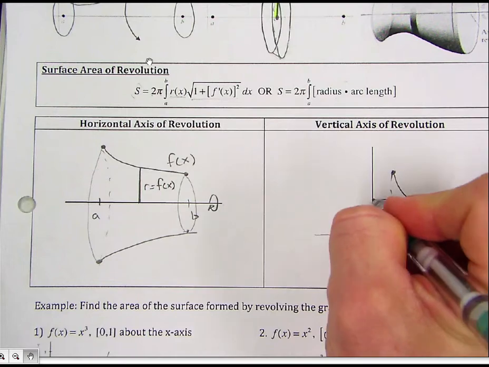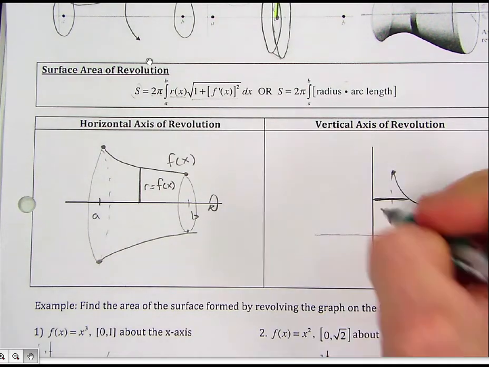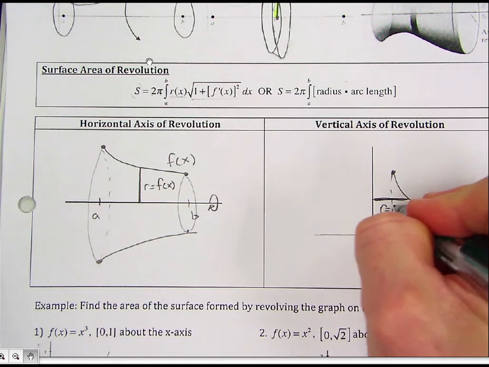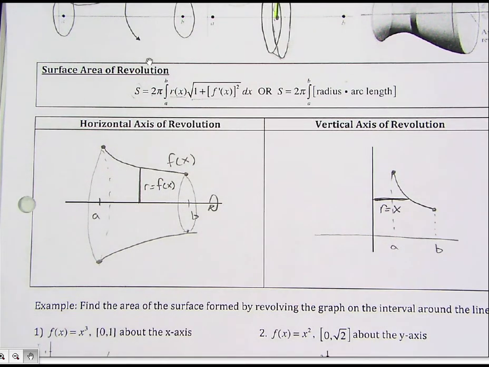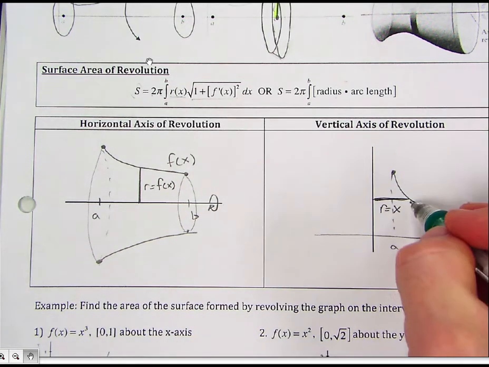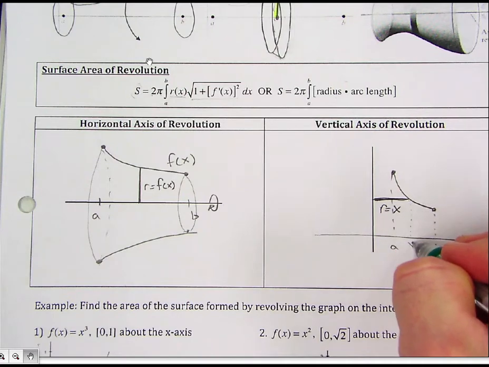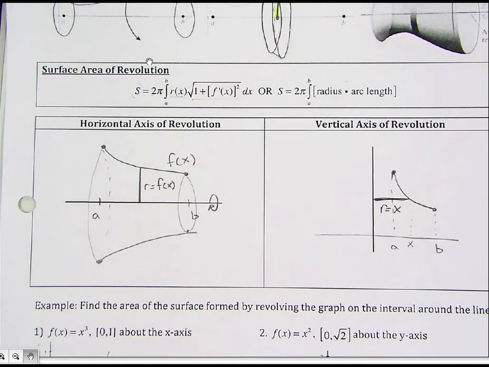Now our radius is just going to equal x. So it's going to be the x-coordinate right here. Well, it's going to be the radius all the way along.